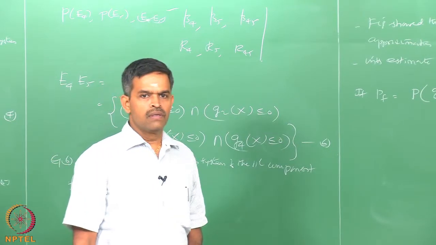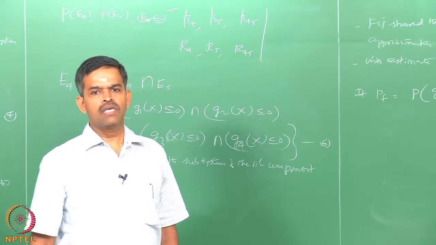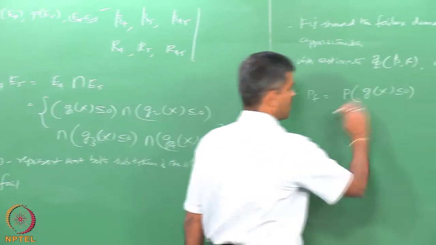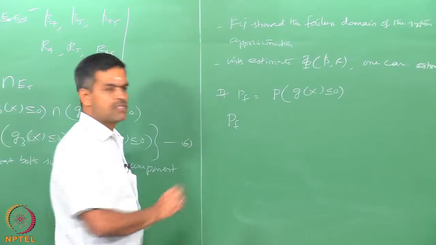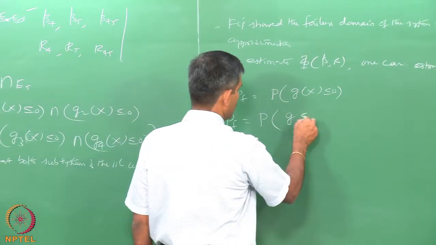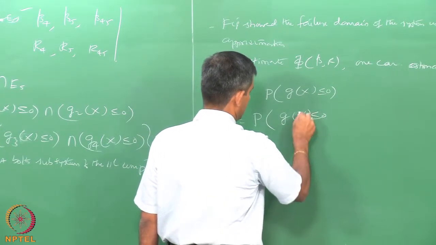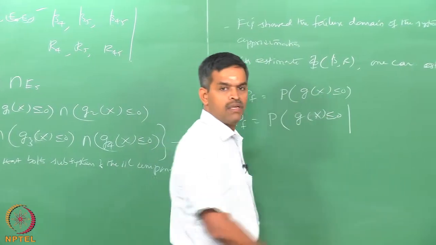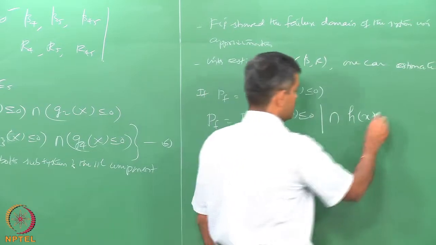Then the inequality observed is there in the given component, and the above equation can now be modified as probability of failure, which can be P of g of x less than 0, given the intersection of h of x less than 0.